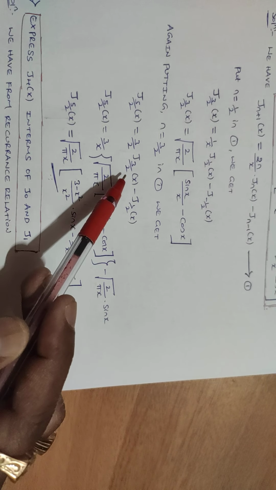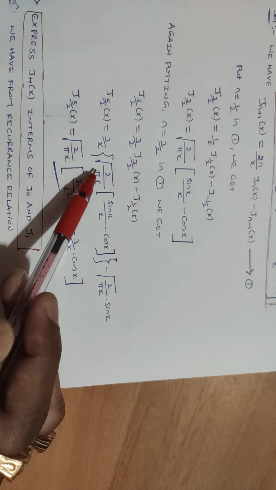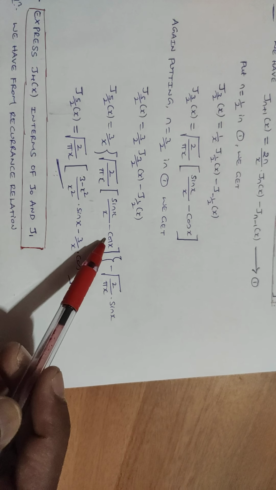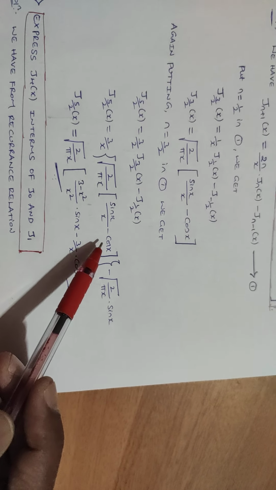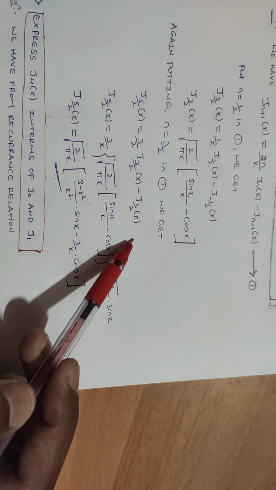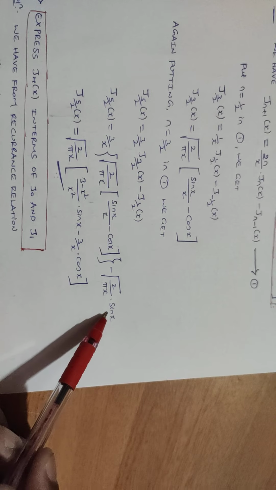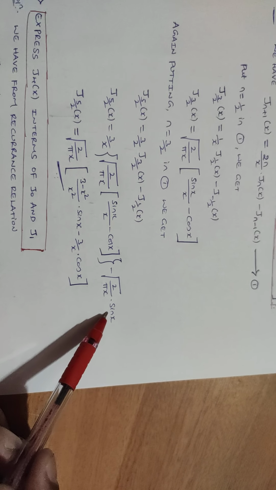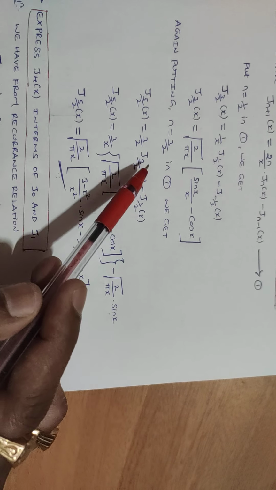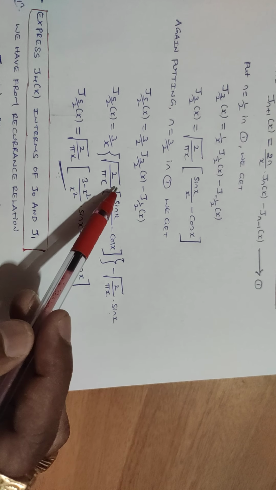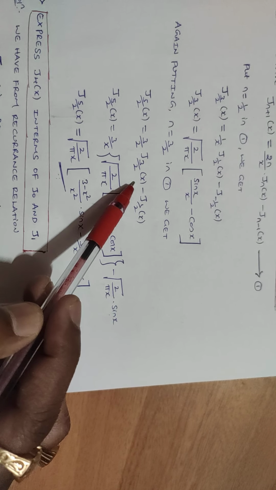Substitute the value of J_{3/2} here as square root of 2 divided by pi x into sin x by x minus cos x, and substitute the value of J_{1/2}(x) as square root of 2 divided by pi x into sin of x. That is, we require to remember the value of J_{3/2} and J_{1/2} and substitute the values in the corresponding places.